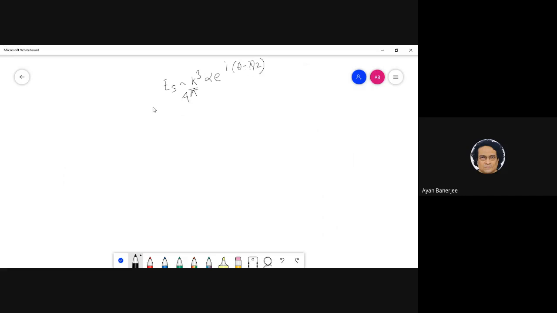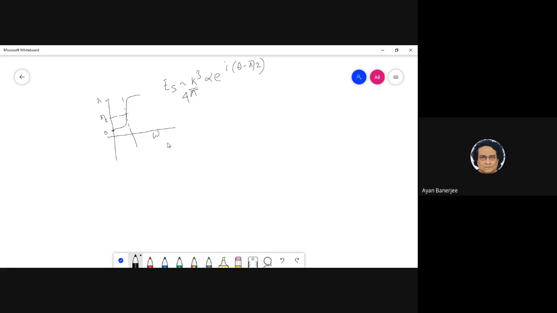I now want to think of how the response changes with omega. So which diagram should I think of? This is the one, right?